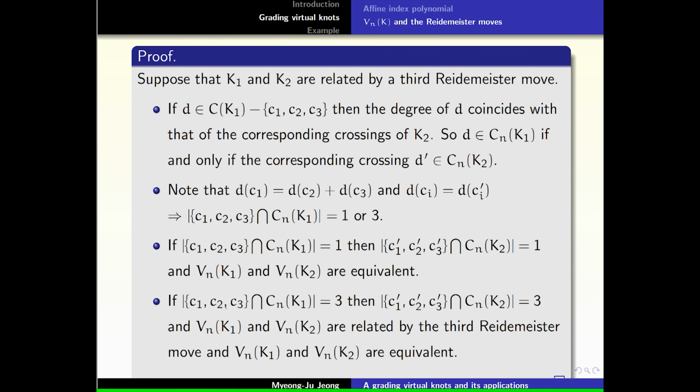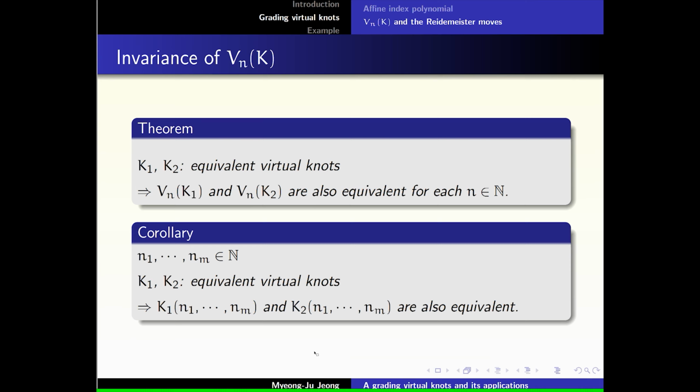Similarly, if we consider this case, then V_n K1 and V_n K2 are related by the third randomized move, and so V_n K1 and V_n K2 are equivalent. Now we have proved the theorem that if K1 and K2 are virtually isotopic, then V_n K1 and V_n K2 are also virtually isotopic for each natural number n.